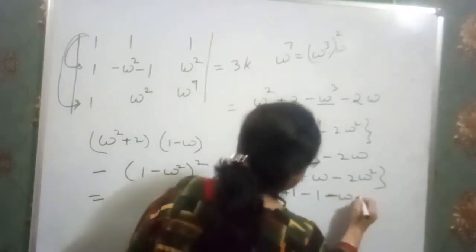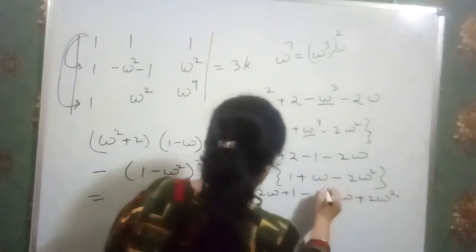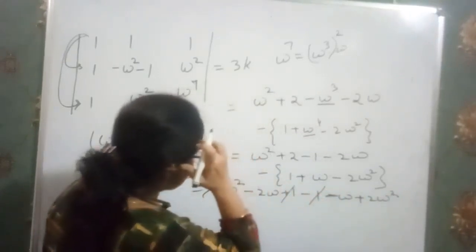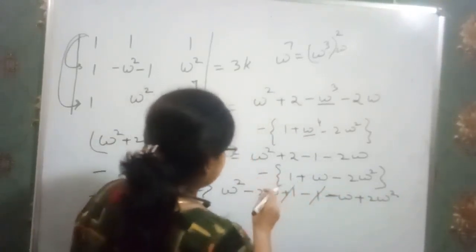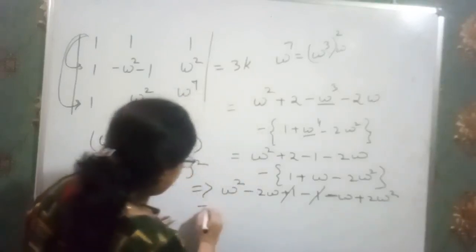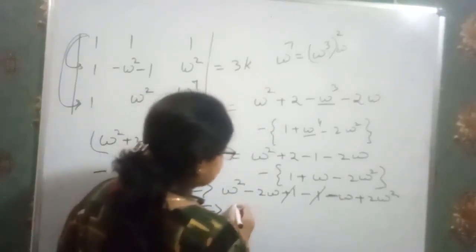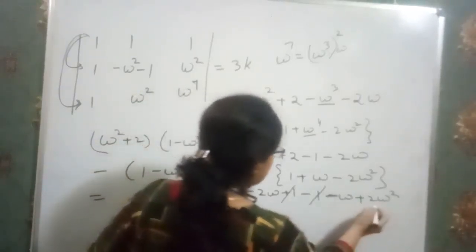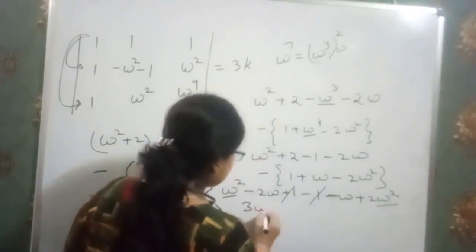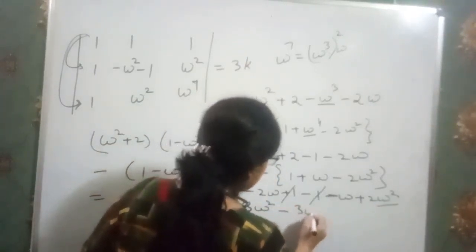It gets cancelled, and we have omega square to omega square, that means 3 omega square minus 3 omega. Clear?